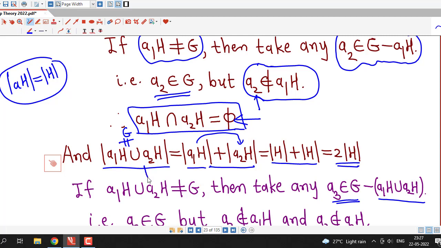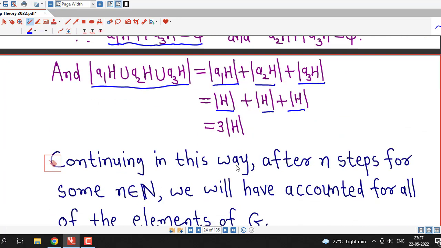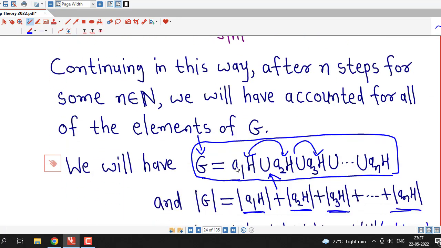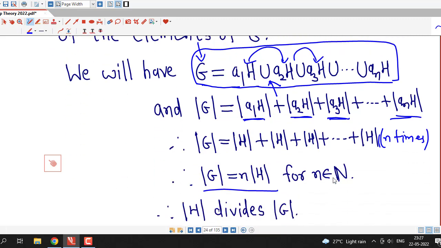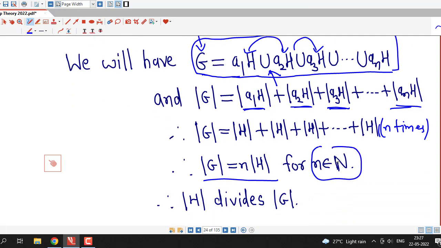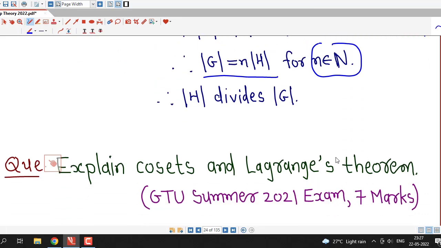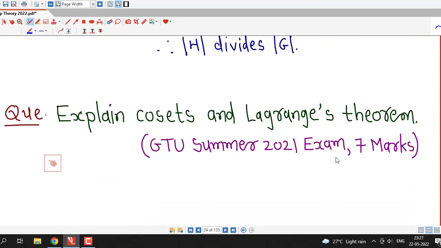And using that property we are able to write the order of this union as the order of A1H plus the order of A2H. And finally we are writing G as the union of all these possible left cosets, and we find that the order of G is equal to n times the order of H for some positive integer n, therefore the order of H divides the order of G. So they can ask you this type of questions.